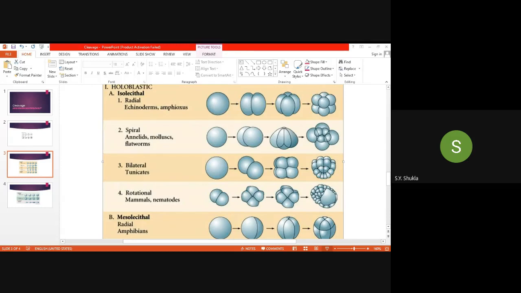So it comes under holoblastic cleavage. The point is that in the spiral one the mitosis spindles are forming obliquely, so it is called oblique cleavage, and the name is spiral cleavage, which is shown in annelids. In radial cleavages, bilateral cleavages, and rotational cleavages there is a formation of the blastocyst cavity, but it is absent in spiral cleavages.